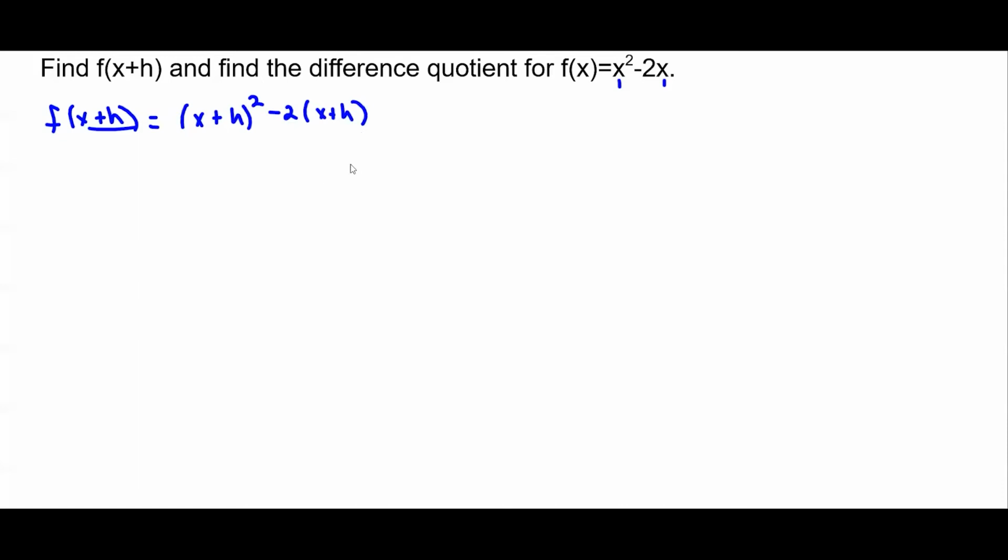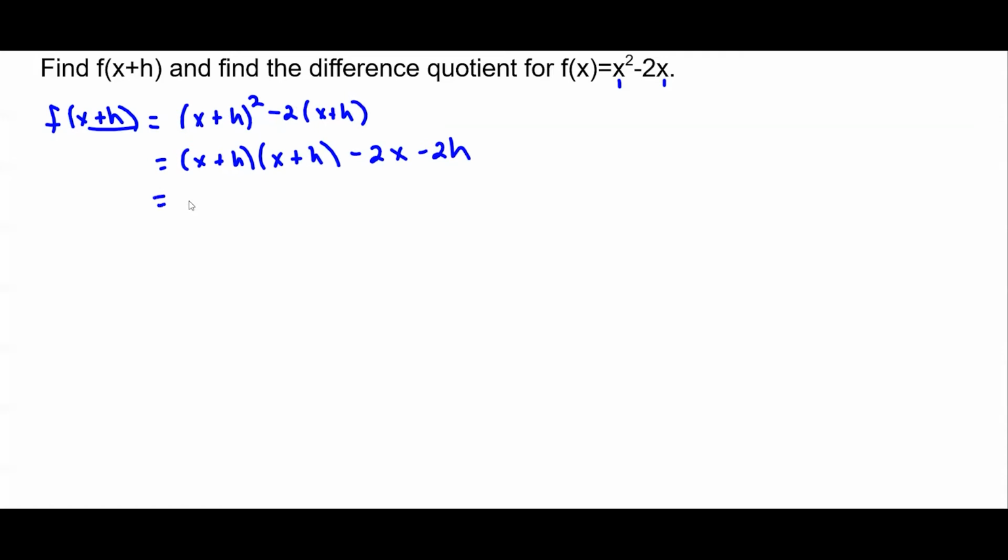So when you square this, remember, you don't just square the terms, you have to multiply it out. And then I have to distribute this -2.